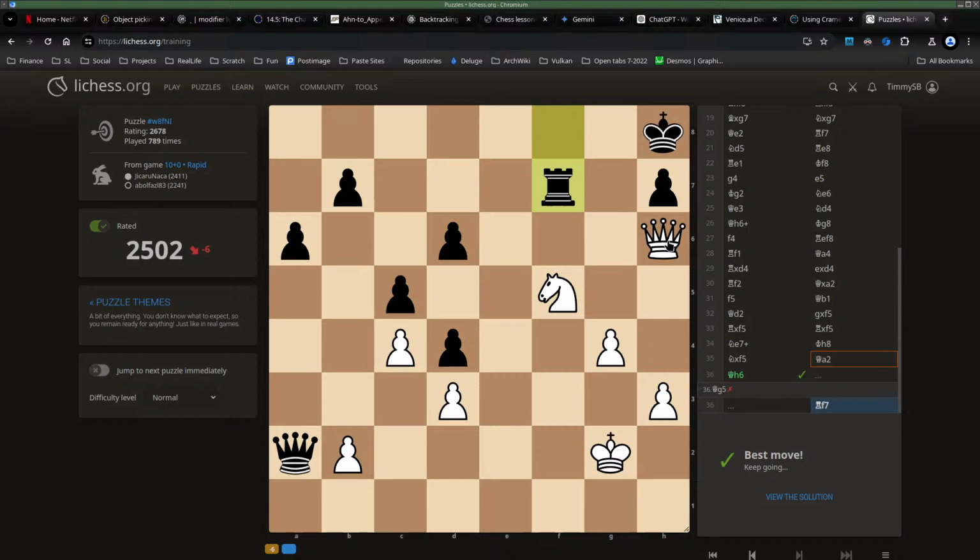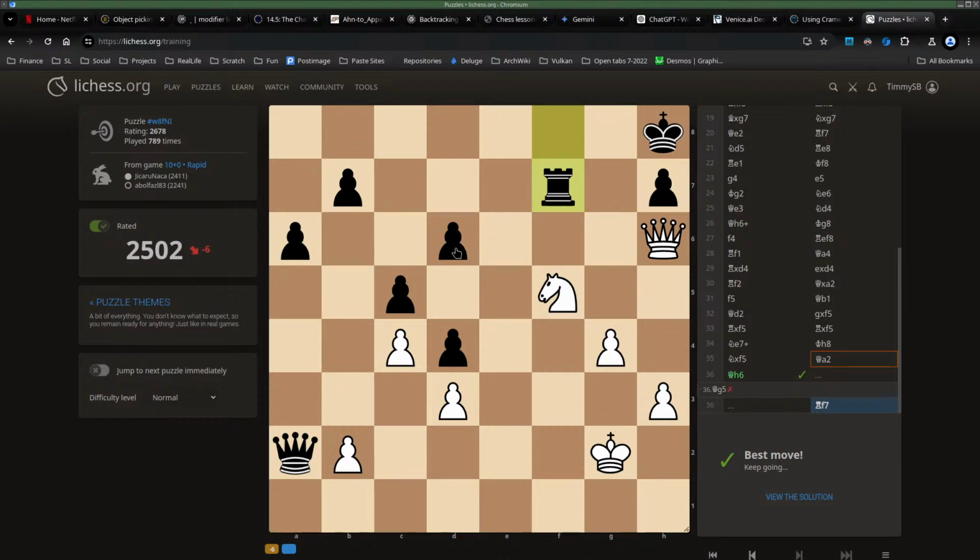It's not like you have anything now. Okay, can I take the rook? No. Be happy. Okay, I can take the pawn, and I threaten to go to the back rank, which wins the rook.